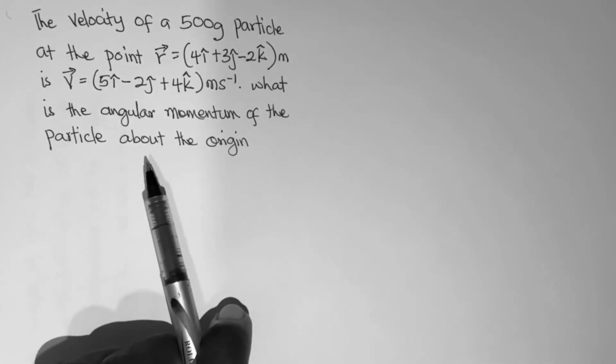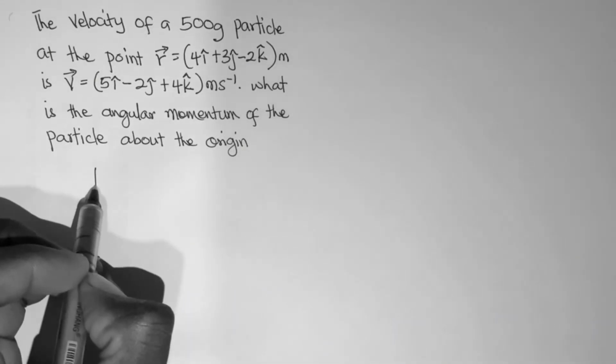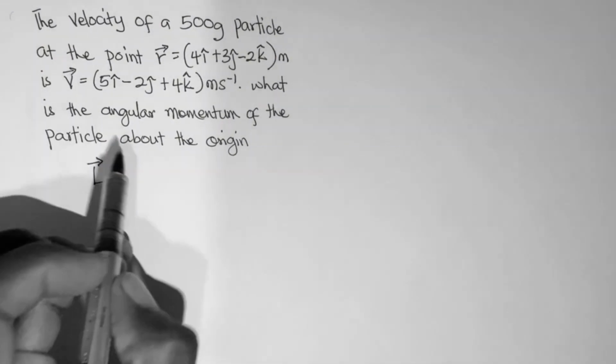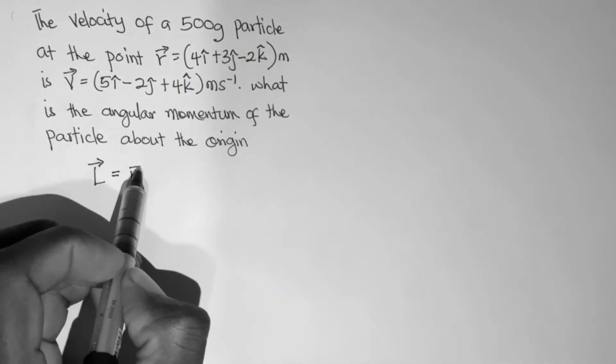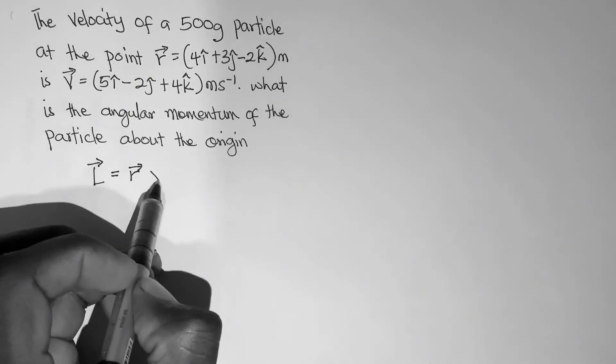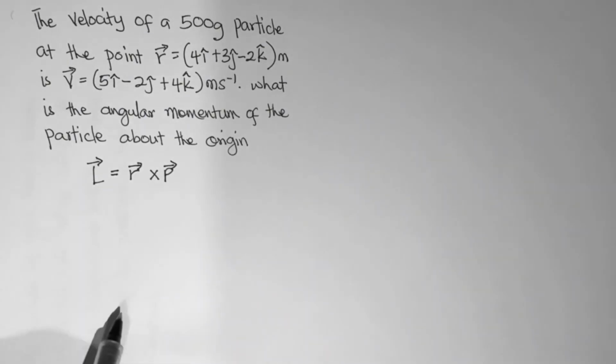So now we are supposed to find angular momentum, and from theory, angular momentum is the cross product between the displacement vector r and linear momentum.